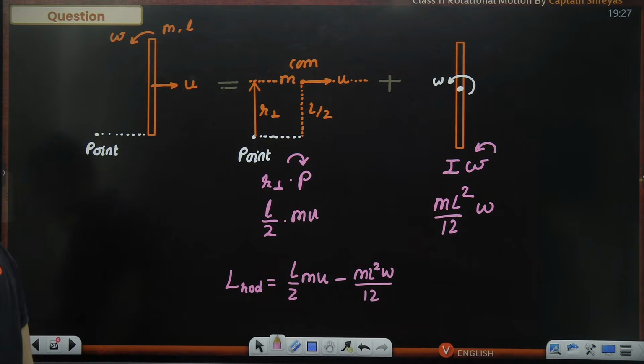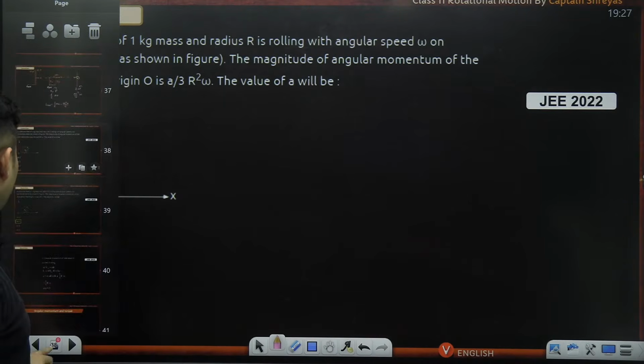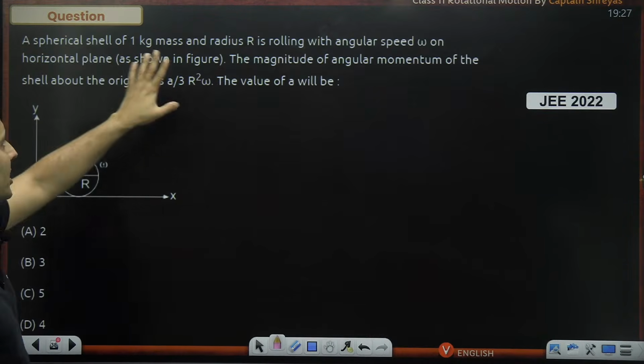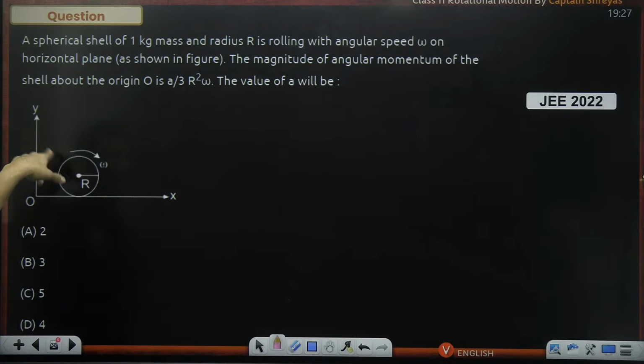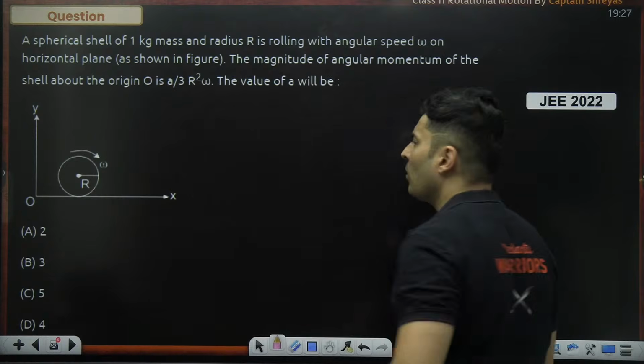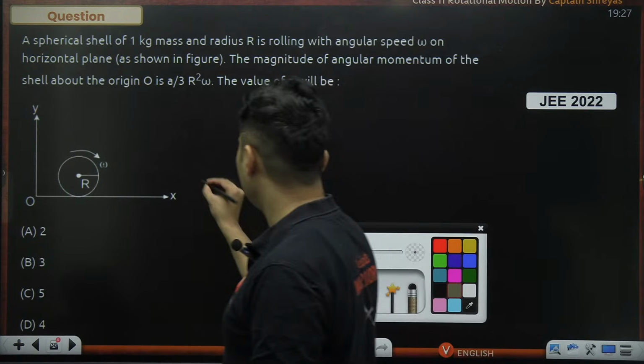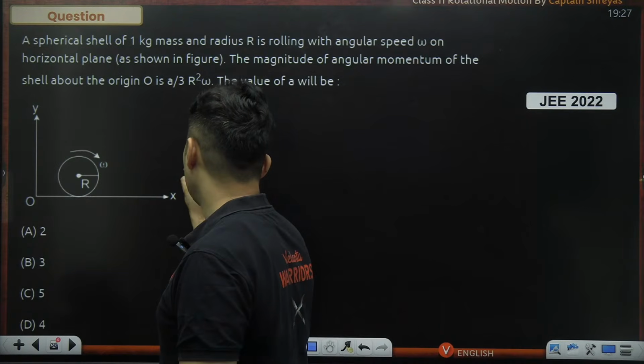All right. Now, a similar question was also asked in JEE 2022. A spherical shell of mass 1 kilo is rolling as shown, and the magnitude of the angular momentum about the origin is this. So find that constant. Now, this problem again you have to break down into two parts, guys.